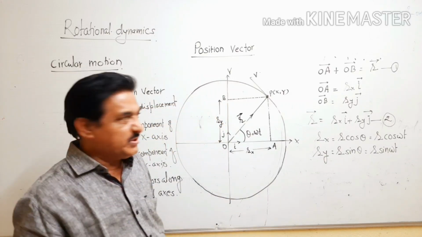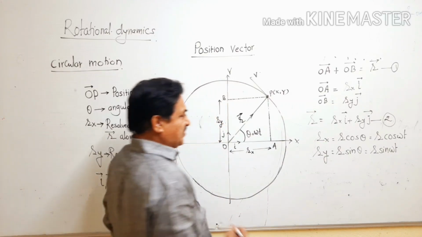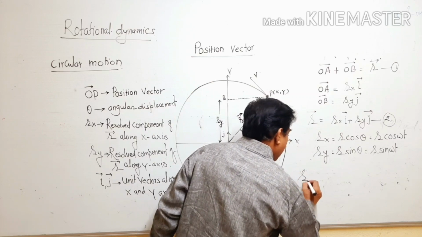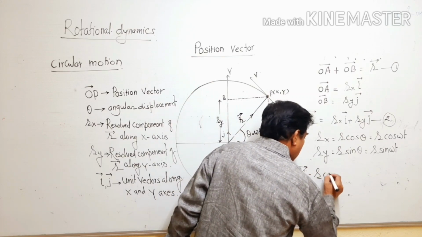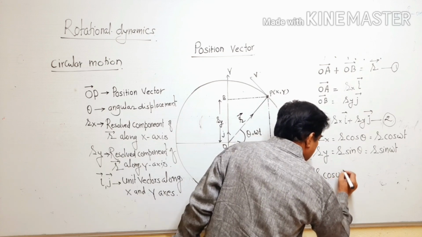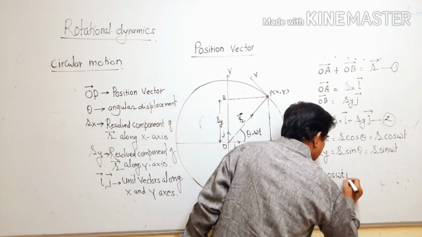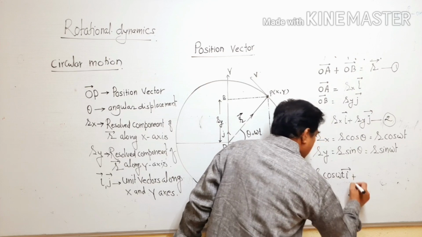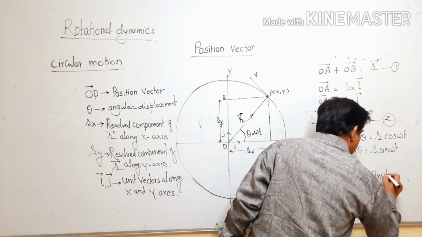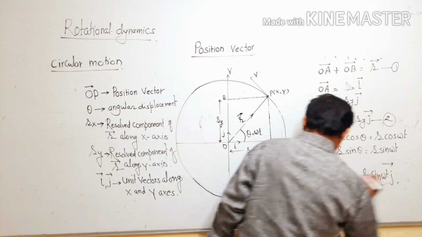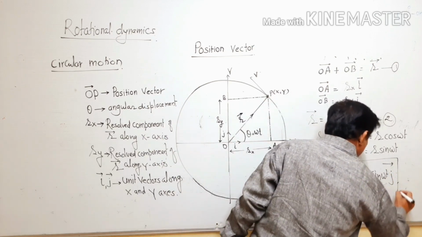If we substitute these values in equation 2, the position vector R is equal to R cos omega t i plus R sin omega t j. So this is the position vector.